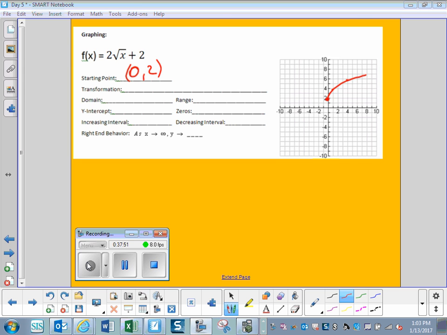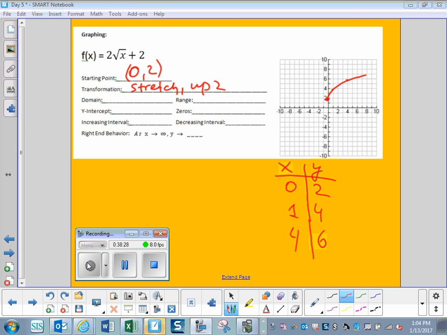So just based on the formula here, I know my transformations, right? Stretch by 2, up 2. And when I compare my transformations to the graph that I got from my graphing calculator or my mental math, 0, 2, and then 1 will get me 2 plus 2, 4, and then my 4 will give me 6, right?